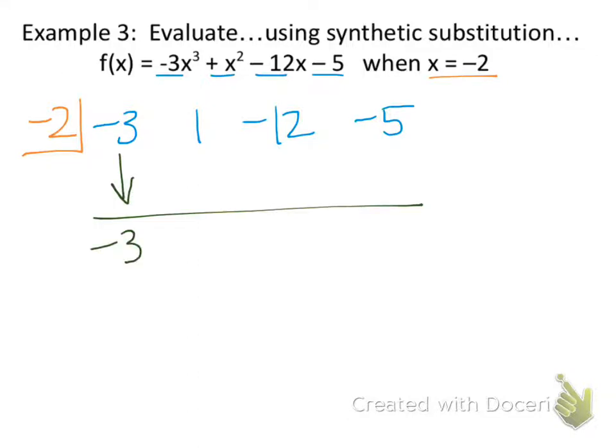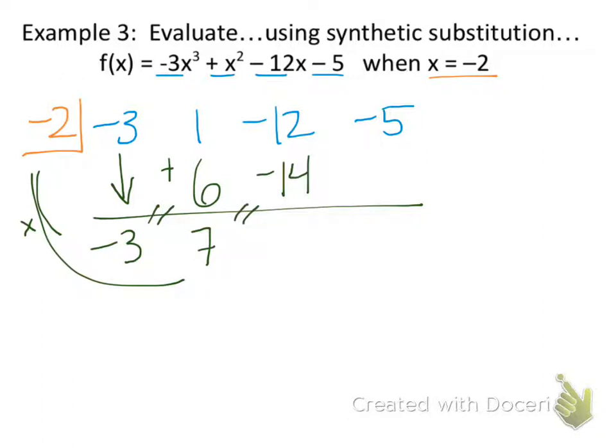First you bring down that first term, so the -3 comes down. Then you're going to multiply that -2 times -3. You get positive 6, and you put that underneath the next term. Then you add 1 plus 6 is 7, and you repeat the process. -2 times 7 gives you -14.